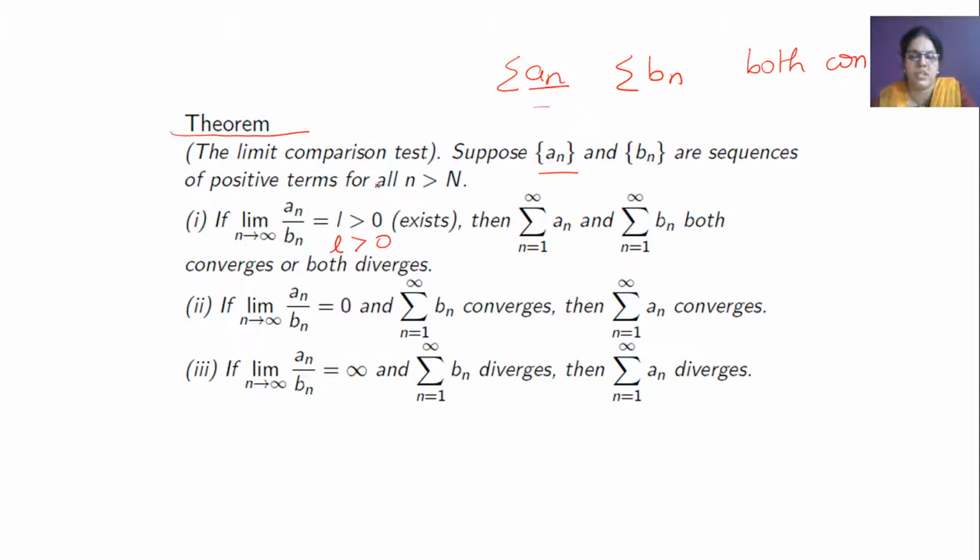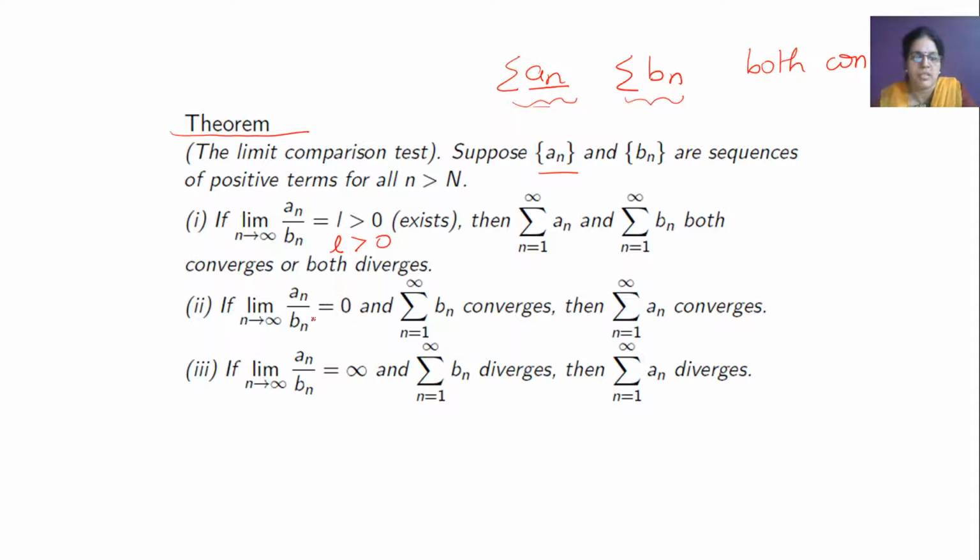So that ratio should tend to a particular definite number L. Then they behave alike, meaning either both converge or both diverge. So if you know the behavior of one series, we can decide the behavior of the other series.